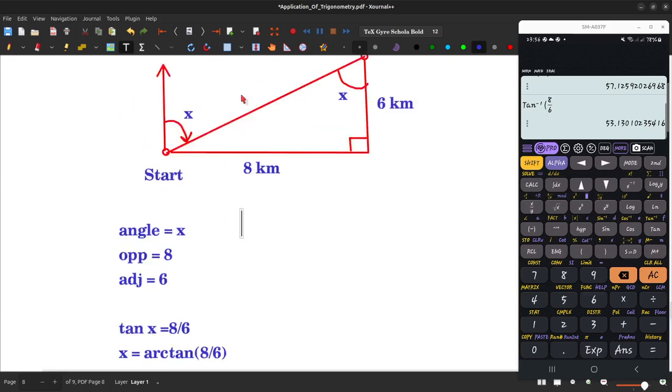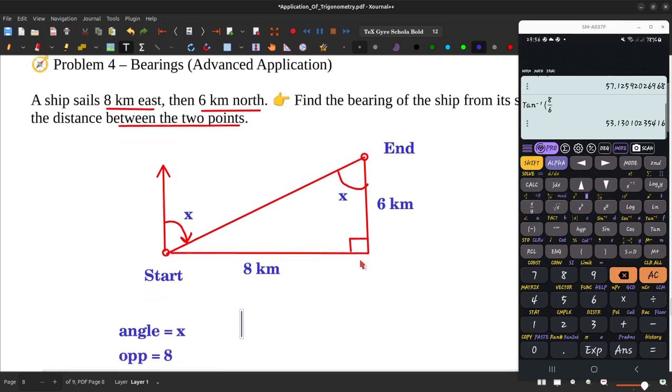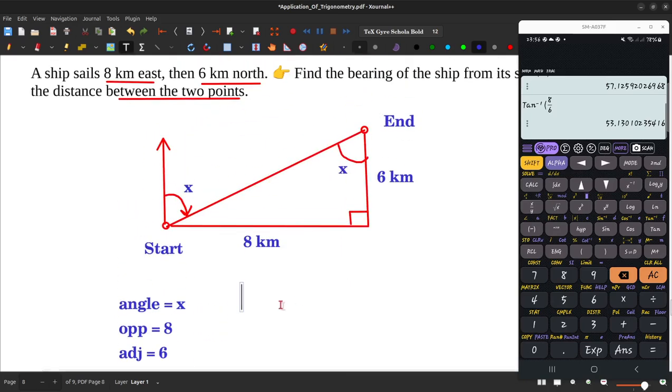Next, let's try to find the distance between the 2 points, between the starting point and the end. That's actually the hypotenuse of a right angled triangle. So to find the hypotenuse, just say the hypotenuse squared is equal to the sum of the squares of the other two sides.